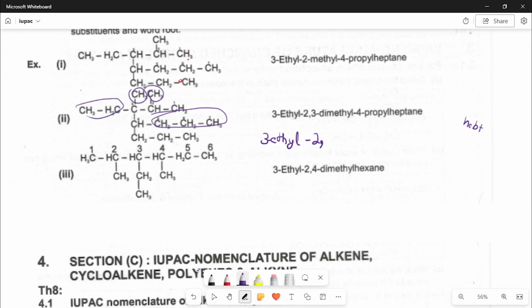Even if they are present on the same number, for example if there were another methyl here, then too we would write 2,2-dimethyl. Di means there are 2 methyls. If there were 3, we'd put another comma and write 3. But for now, it's going to be 2,3-dimethyl, and all the same.